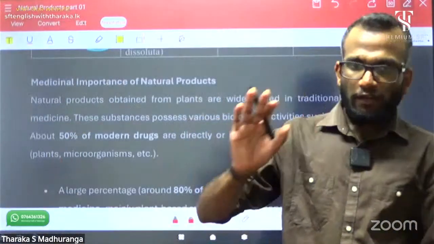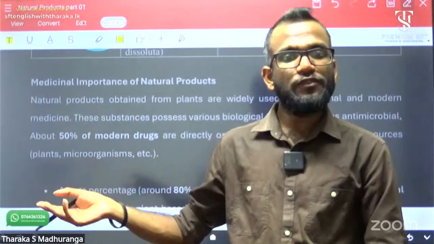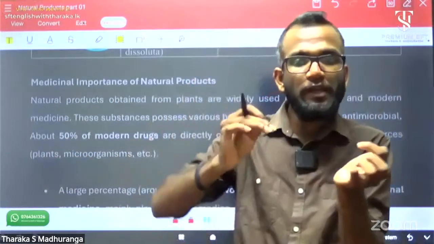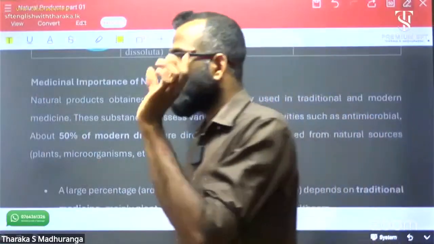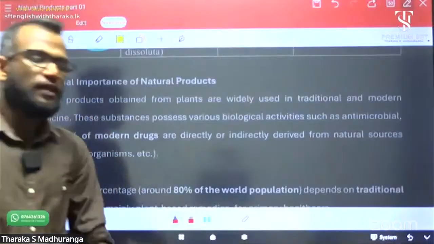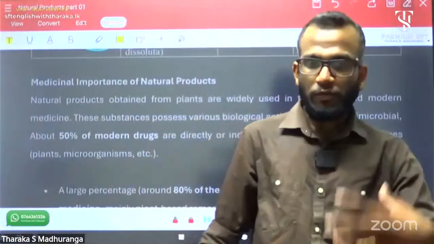After these basic parts, we're going to discuss how these secondary metabolites are used in medicinal applications. I'll explain a story; if you have a doubt, you can ask.